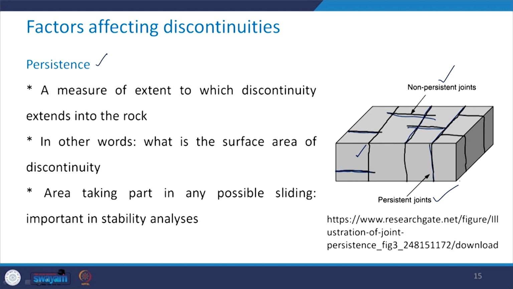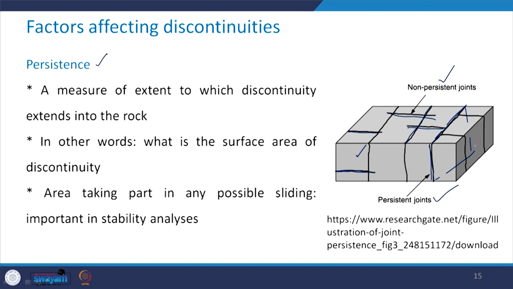So, in other words, this signifies the surface area of the discontinuity. You see that in this case the surface area of the discontinuity will be something like this. Okay.